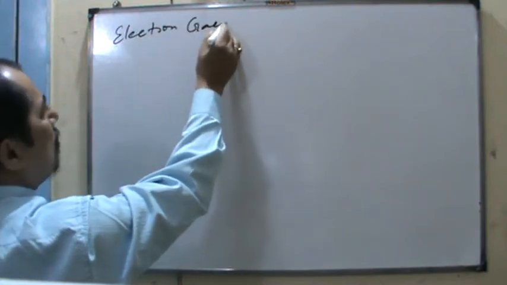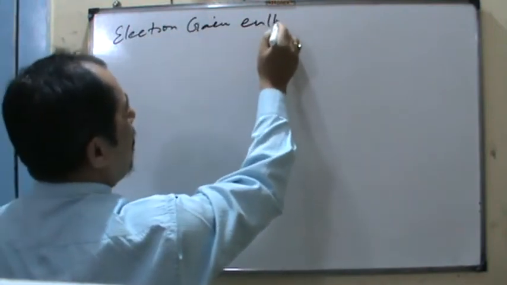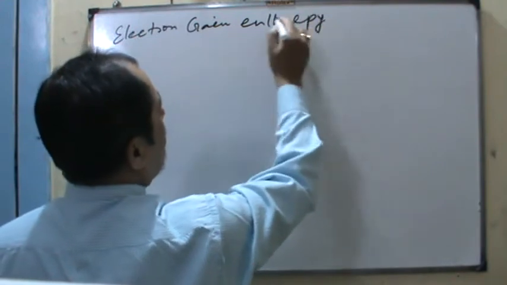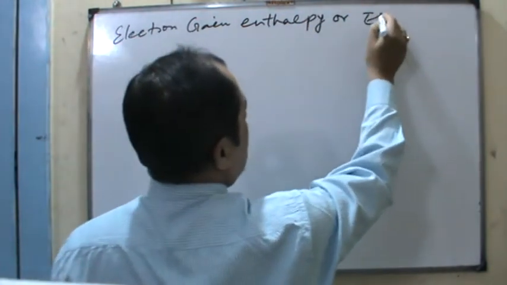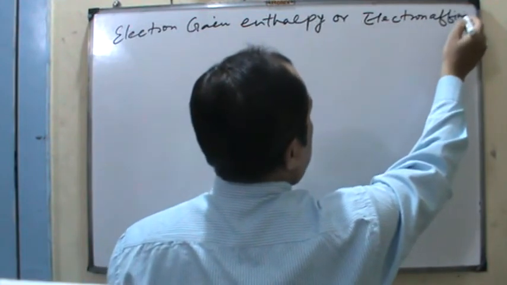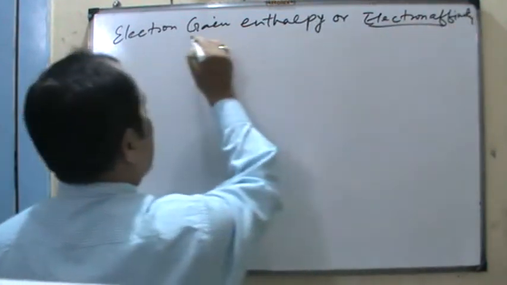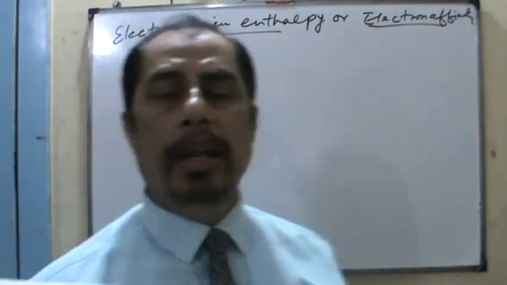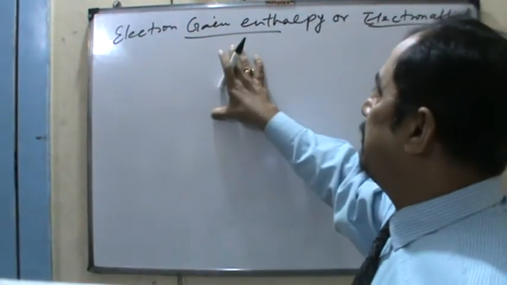Either you can say electron gain enthalpy or you can say electron affinity.